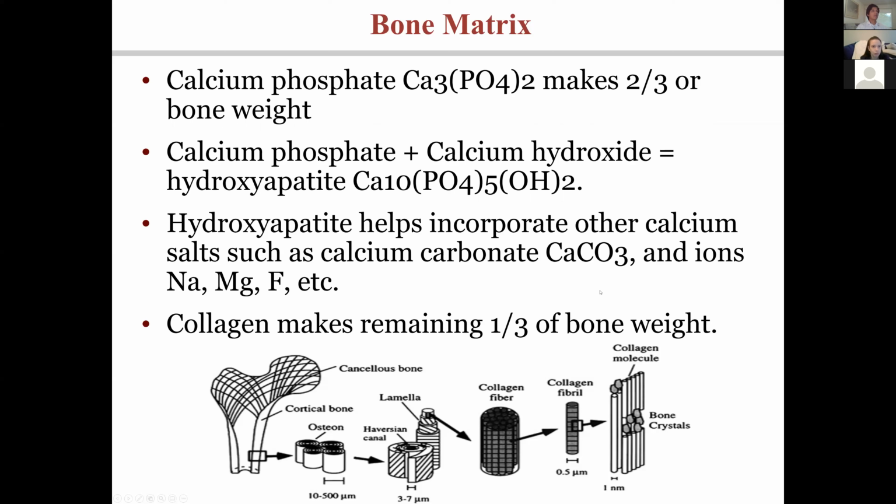And the remaining, so that's going to be 2/3 of your weight, and the remaining is going to be collagen. So once again, this osteoid, this organic matrix, this organic component containing collagen, it's going to be deposited within bone, and slowly it's going to start acquiring these crystals, this crystal of hydroxyapatite, which is calcium phosphate and calcium hydroxide.